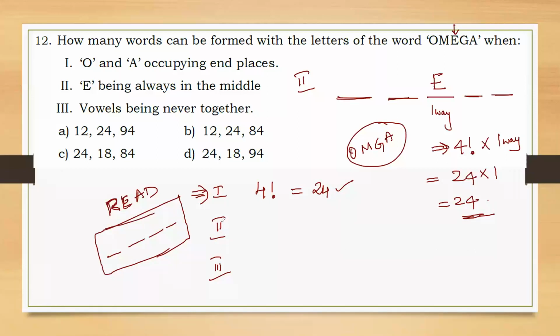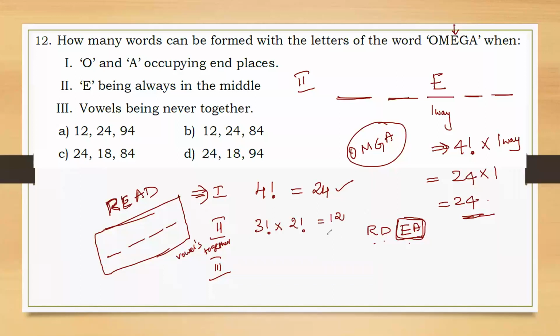Now the second condition is vowels always together. In that case, you take E and A as a single unit, along with R and D. So 1, 2, 3: that is 3 factorial, and again to arrange E and A, 2 factorial.